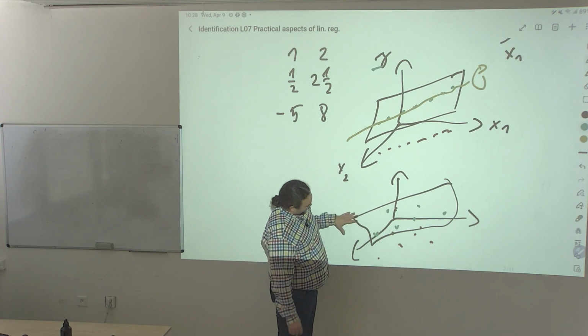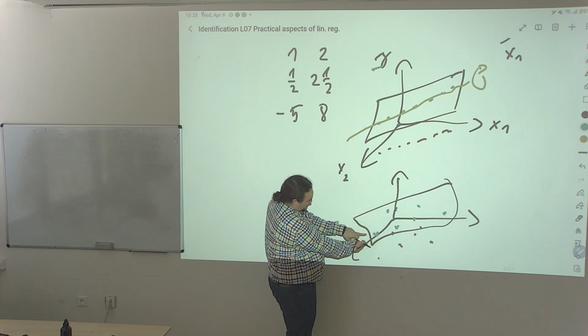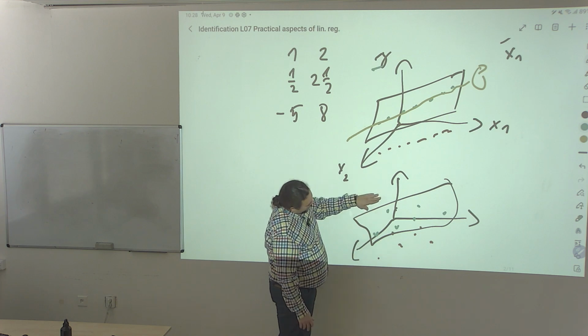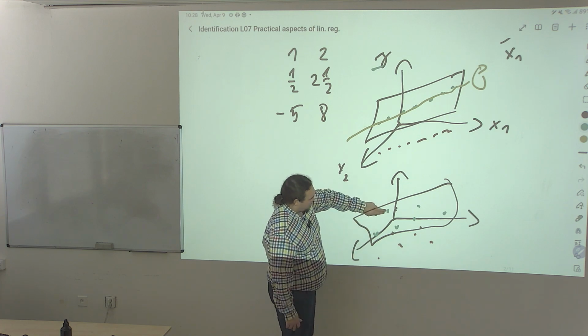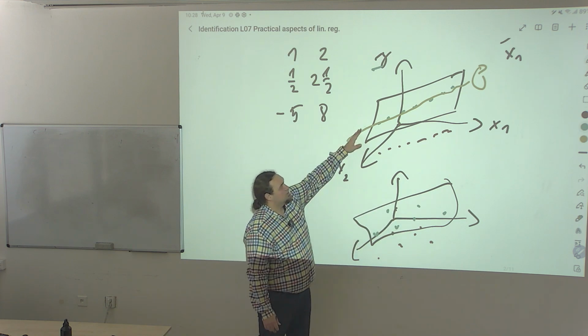Our points no longer follow a line, and now it's quite hard to wiggle this plane such that our model would go away from our data points.